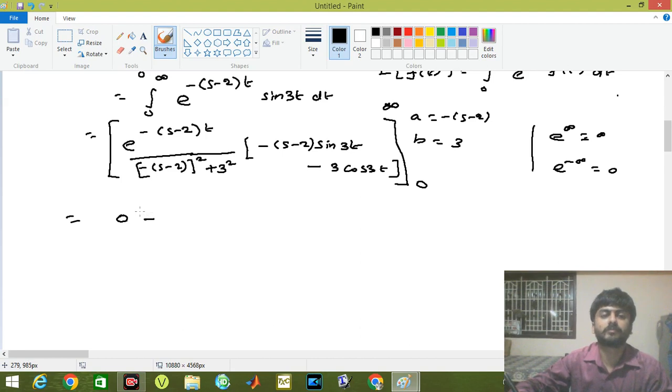The lower limit is t equal to 0. On substituting t equal to 0, e power of 0 will become, anything power 0 will become 1. I have already given the proof why anything power 0 is equal to 1.